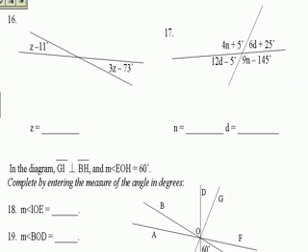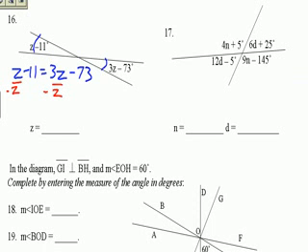This next problem here is pretty cut and dry. We have two vertical angles that are equal, so z minus 11 equals 3z minus 73. And when we go to solve, all we have to do is make sure we get our z's together. So we have to subtract z from both sides, which gives us negative 11 equals 2z minus 73.